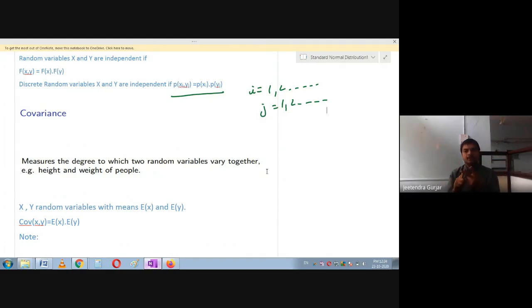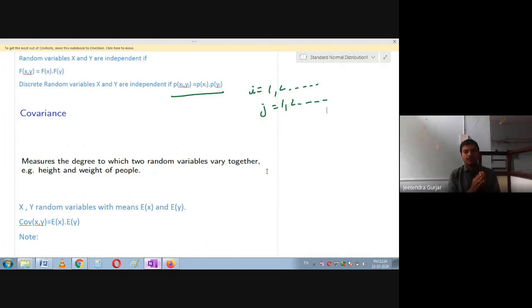So height and weight are two random variables, and these two are related to each other. Then we call this relationship covariance. Please remember this. Then we come across X and Y as random variables with means.